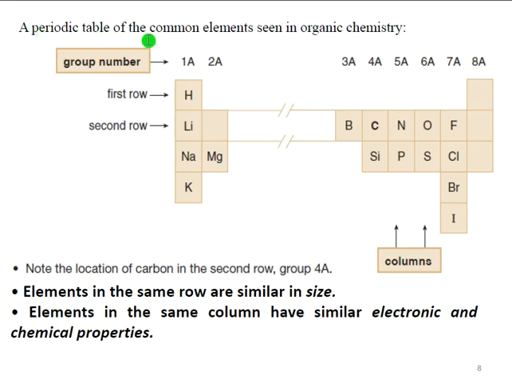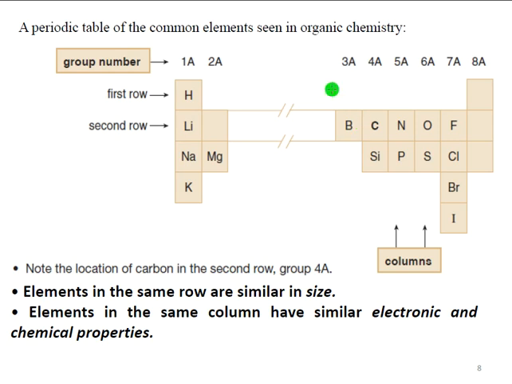A periodic table of common elements seen in organic chemistry. These are the famous atoms we use in organic chemistry, and you will see these atoms during your organic chemistry study.